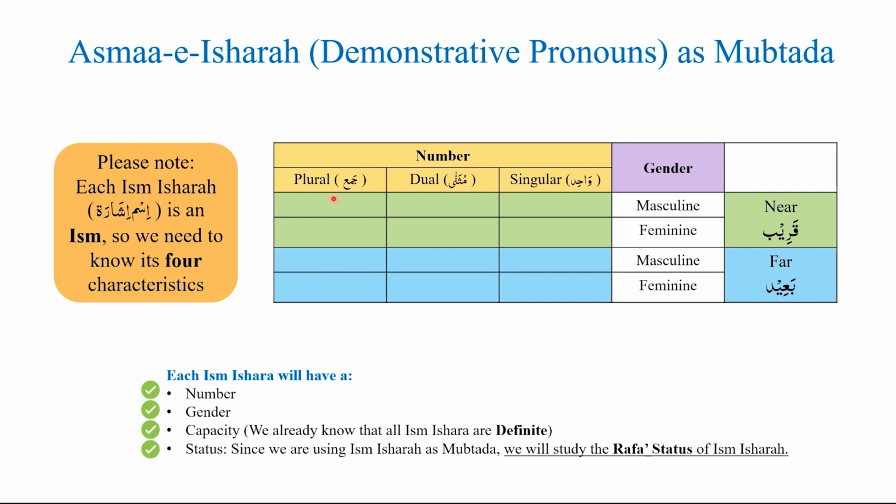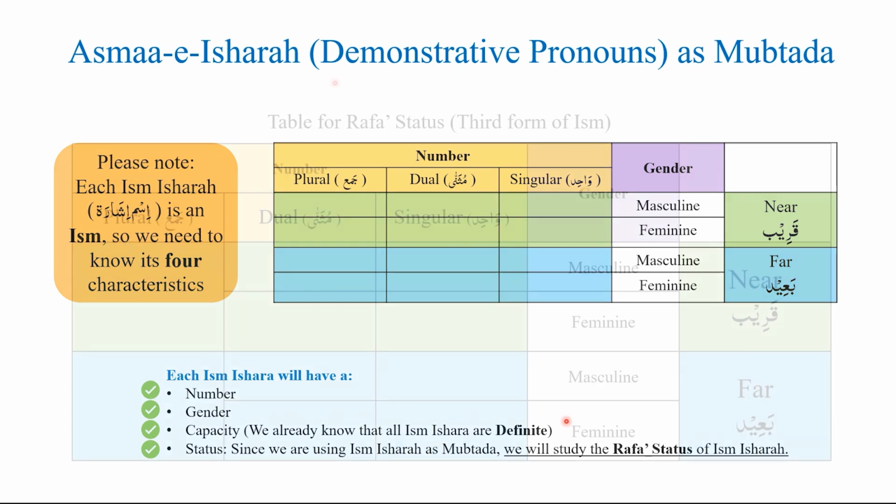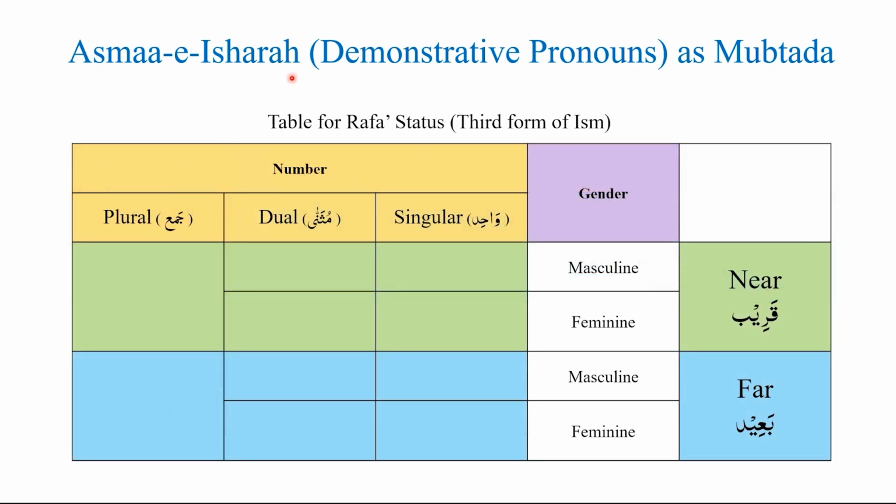For this table, we know that all the Asma Ishara that will be included will be Rafa in status and they will all be definite in capacity. This is the table for Asma Ishara or demonstrative pronouns. In this table, we will be studying Asma Ishara or demonstrative pronouns for near or qareeb and far or ba'id.